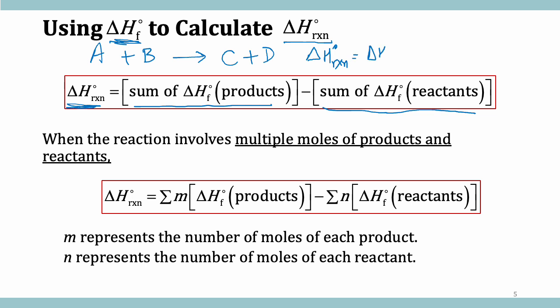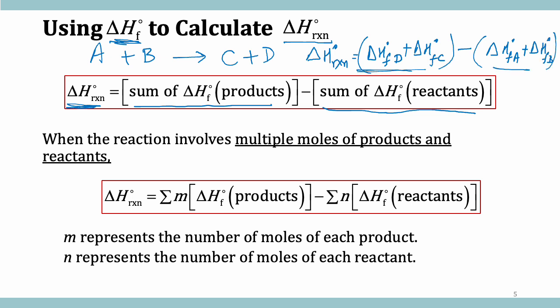It would be delta H naught F of product D plus delta H naught F of the second product C, so all my products summed, minus the reactants: delta H naught F of A plus delta H naught F of B. Remember, it's always product minus reactant. Do not mess this up. It should be product minus reactant, not reverse.